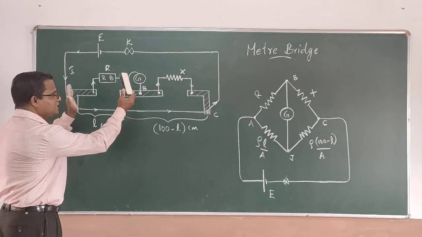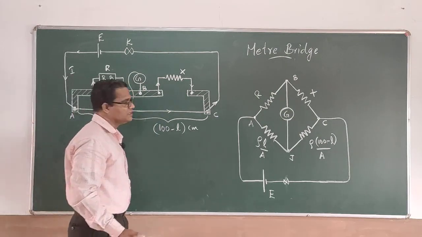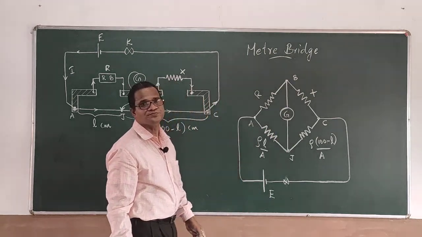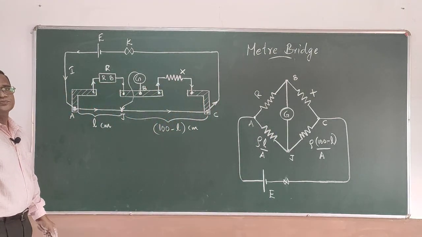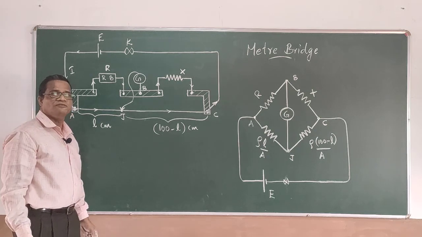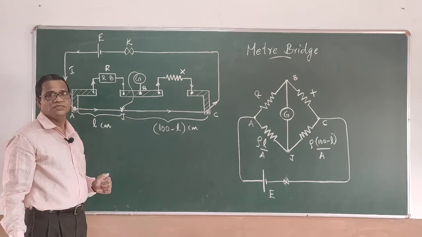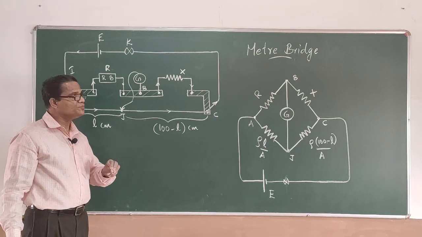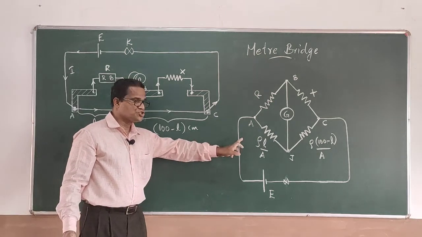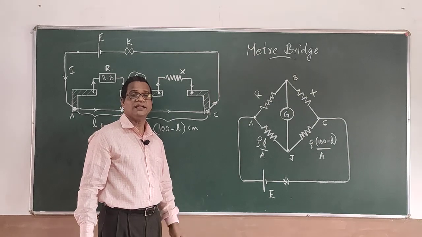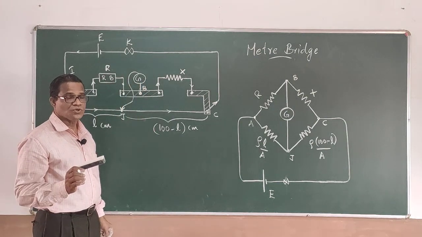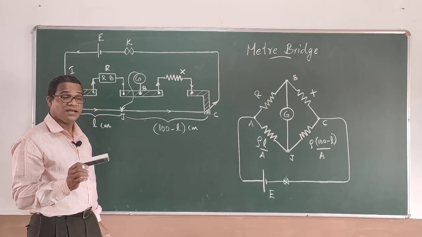That means the balanced meter bridge is exactly what you say, a Wheatstone bridge. So what is the principle of working of meter bridge? If anyone asks, you can very well say it works on the principle of Wheatstone bridge in the balanced state.